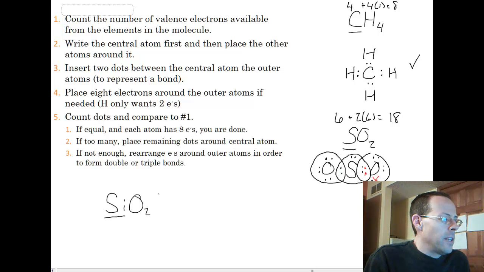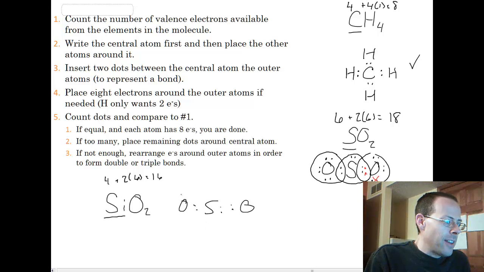Our last one then is SiO2. Silicon has 4 plus 2 times 6. So that's 12, so we have 16 dots. So we're going to put Si here with an oxygen and an oxygen. 2 dots between, show a bond. The outside atoms want 8.